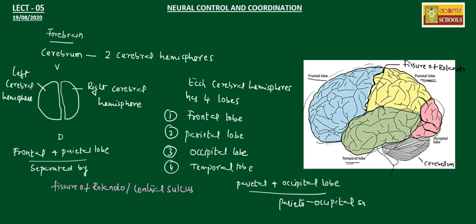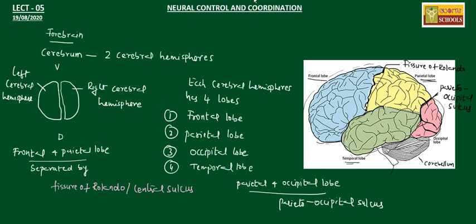There you see the parieto-occipital sulcus. Okay, and then we also have one between the frontal lobe and the temporal lobe.